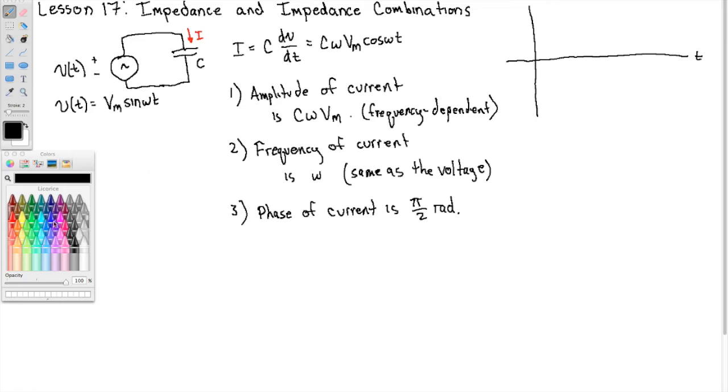So in blue again will be the voltage. Right, so this looks like this. Again, Vm, minus Vm down here. And let's plot the current. So the current is this waveform here.